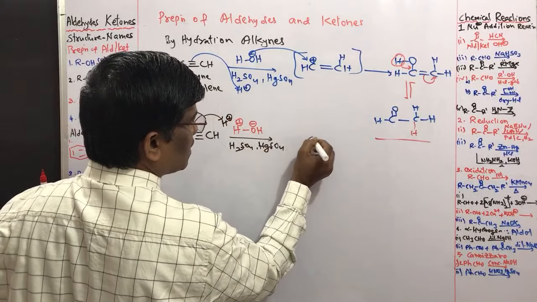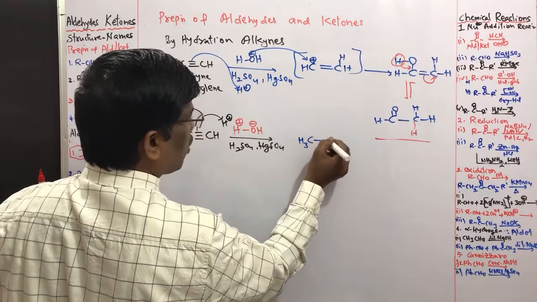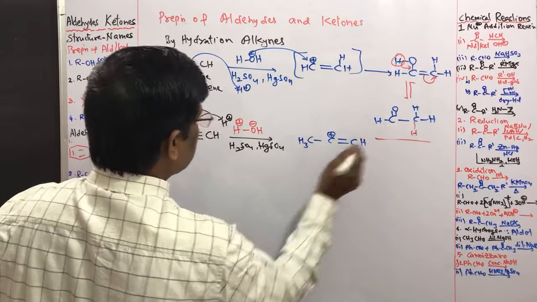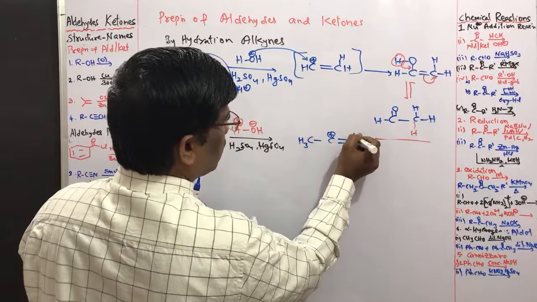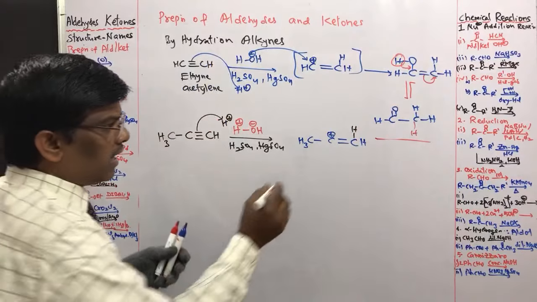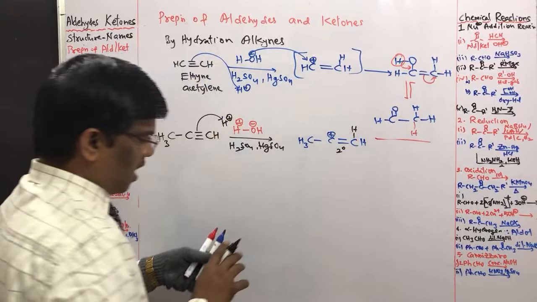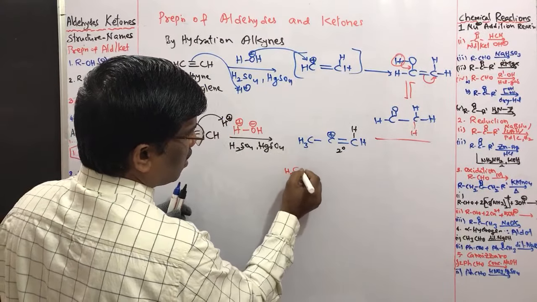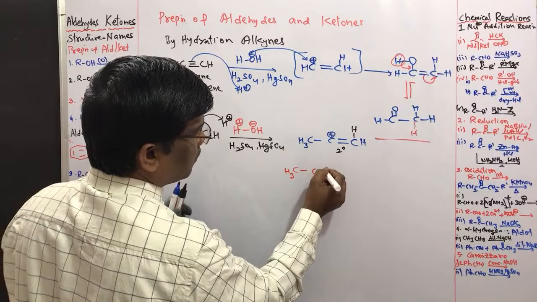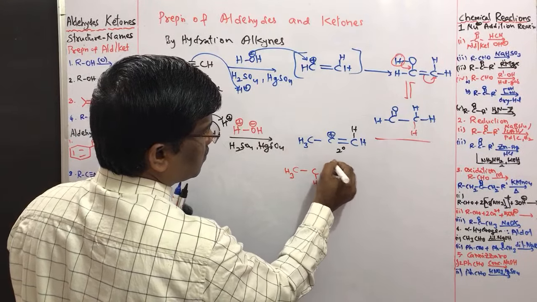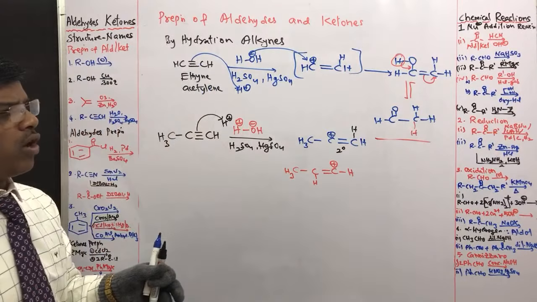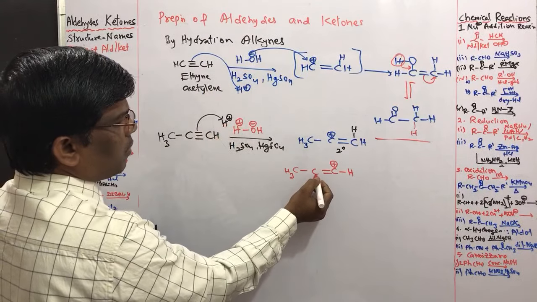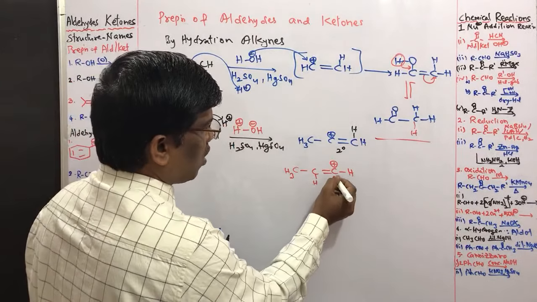The H plus ions in the reaction mixture will be added to this, and there is a chance of getting two carbocations. This is one carbocation, where the newly added hydrogen is here. This is a secondary carbocation. It is also possible to form this other carbocation, where the hydrogen is coming onto this carbon, and this is a primary carbocation.